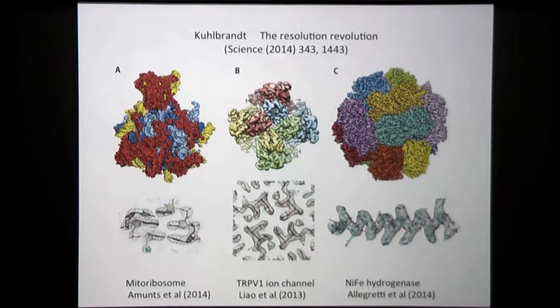This is a slide that I stole from Werner Kuhlbrandt's recent article in Science, which is called The Resolution Revolution. And indeed it is. This is a homegrown one, the mitochondrial large subunit from the ribosome by Alexei and colleagues. I'll come back to this, but this is where we're at now. This is today. This is the moment. And you're very privileged to be part of it, I think.